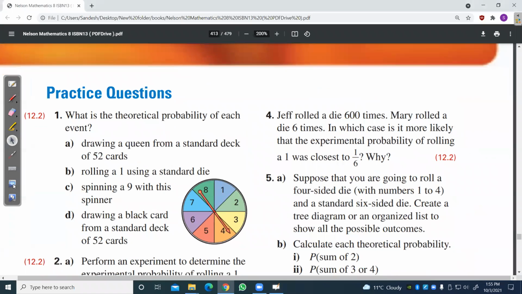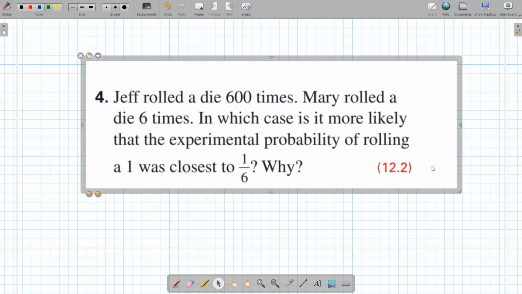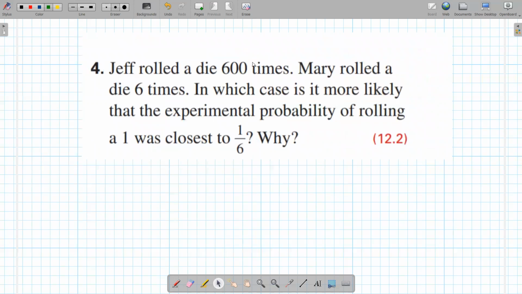Oh, this is like a communication problem. You don't really have to do any math. So this guy rolled it 600 times and this guy rolled it 6 times. In which case is it more likely that the experimental probability is closest to the theoretical probability?